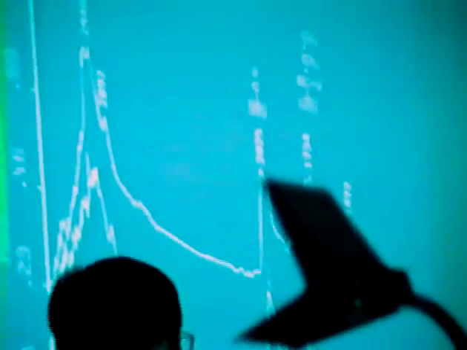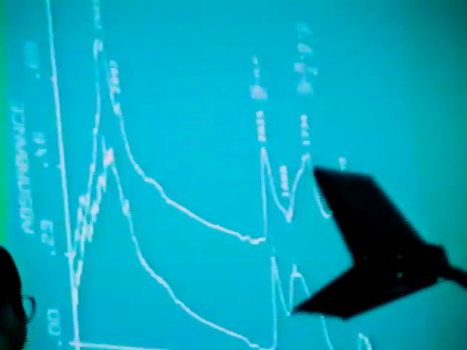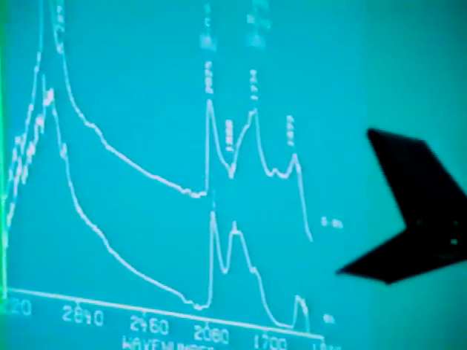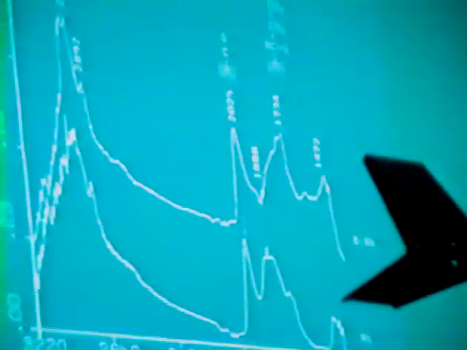The bridge CO site can also be blocked by additives such as sulfur. So we add the sulfur by passing hydrogen sulfide over this catalyst at 240 degrees. And this reaction again was conducted at 10 atmosphere.